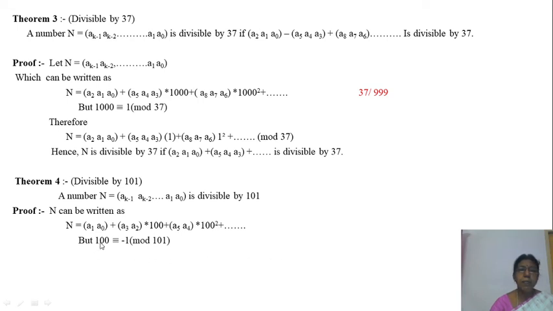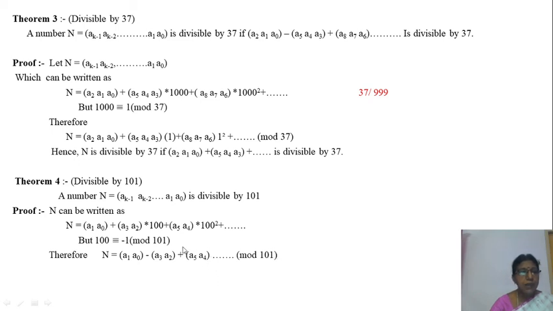But we observe 100 is congruent to minus 1 mod 101. What does it mean? A congruent to b mod m means m divides a minus b. That means here 101 divides 100 minus of minus 1, which is 101. 101 divides 101, no doubt. Therefore n is congruent to this alternating sum mod 101.